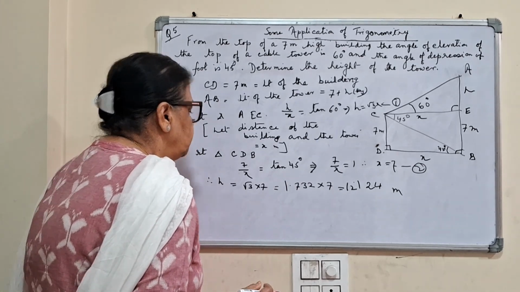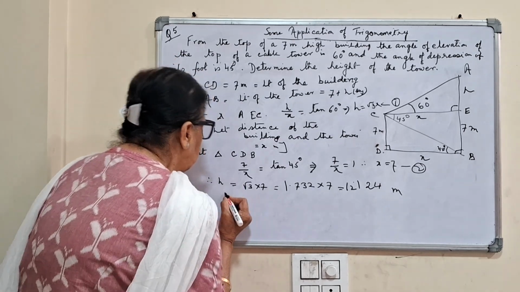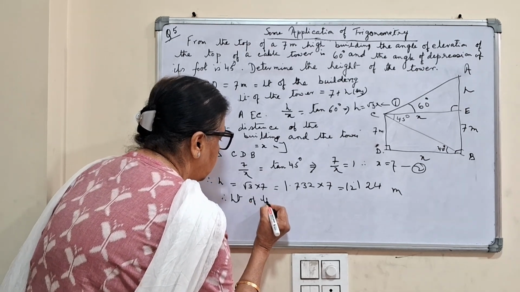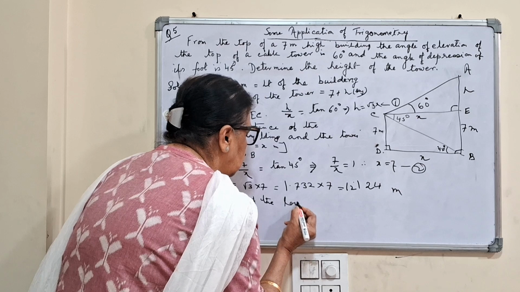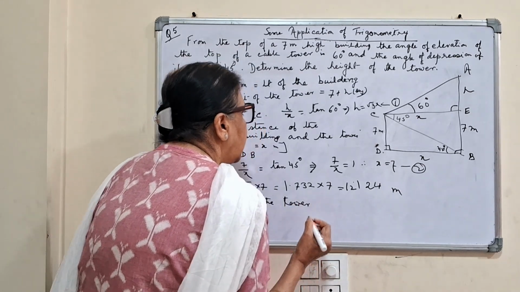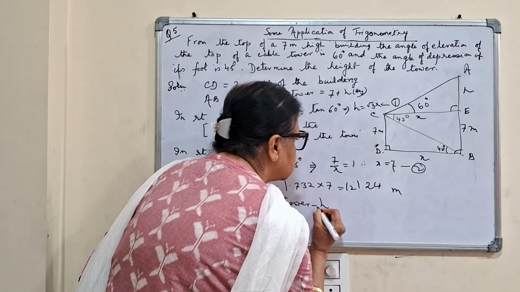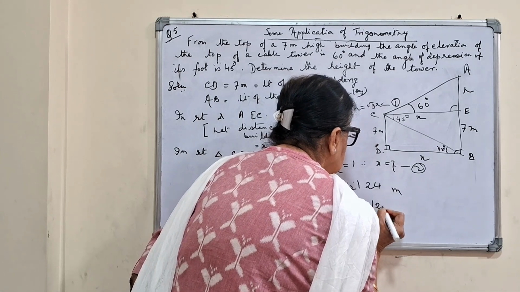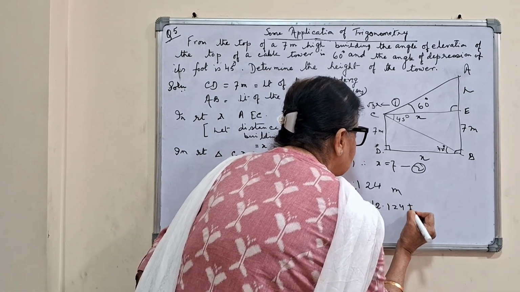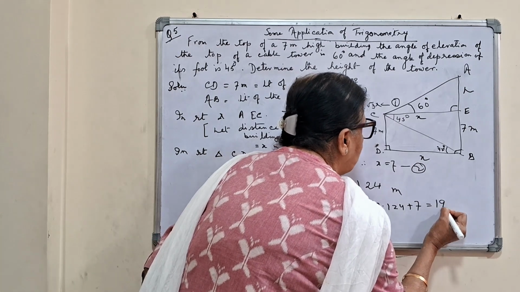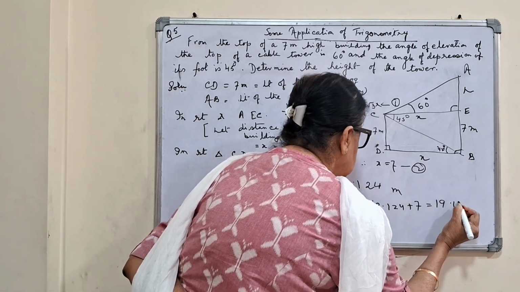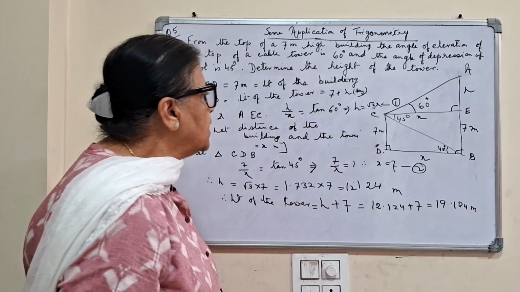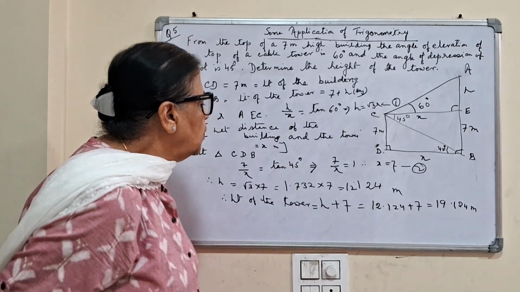Determine the height of the tower: h plus 7 is equal to 12.124 plus 7, that is 19.124 meters. Okay, so have you followed?